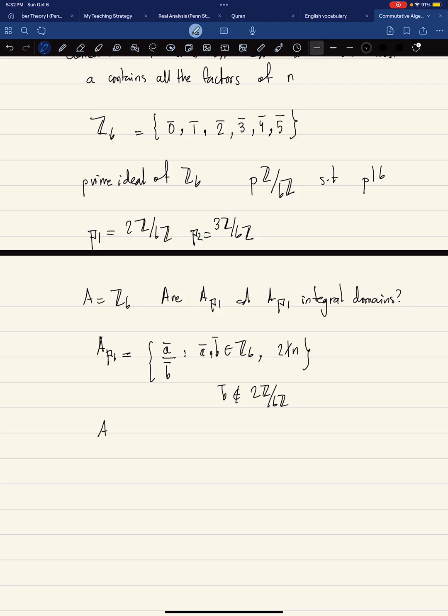And A_P2 is a over b, again a belongs to Z6, and in this case 3 does not divide b.